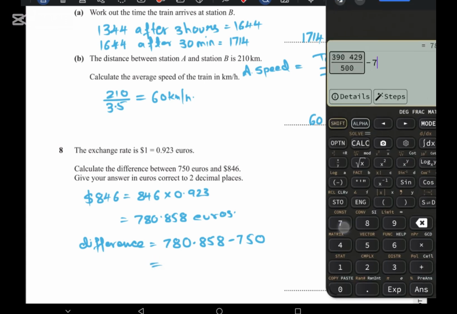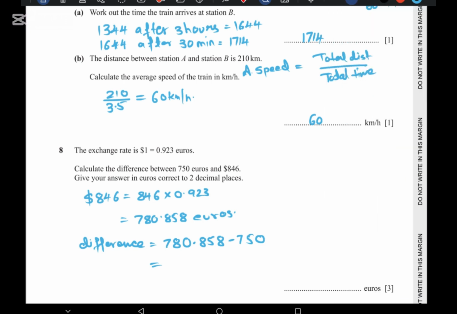Subtract 750, we get 30.858. So 30.858 euros. Always the currency should be written in two decimal places. The digit 8 in the third decimal place is more than 5, so you round the hundredths place up to 86. So this is the answer.